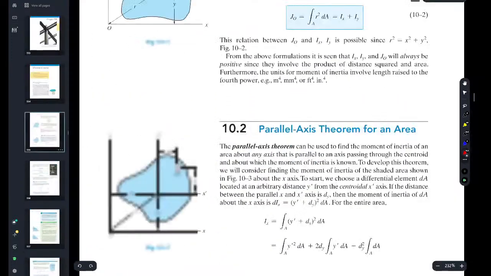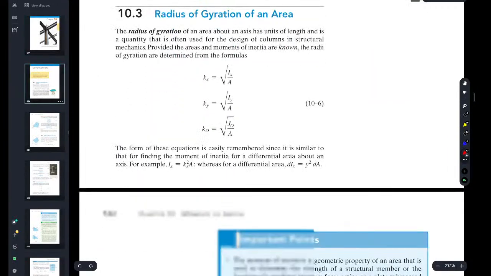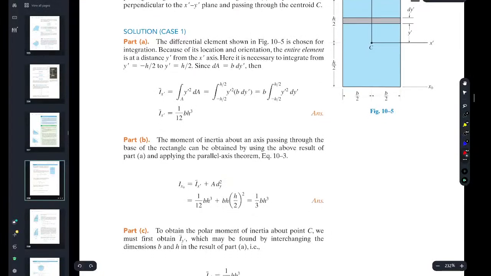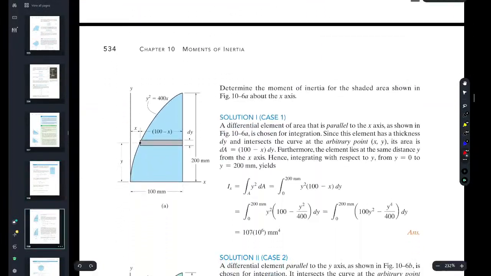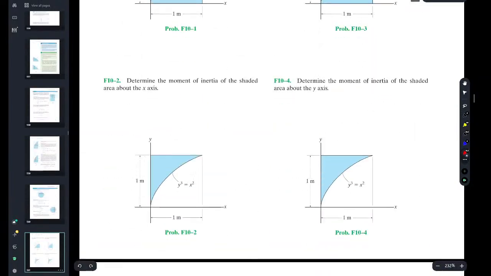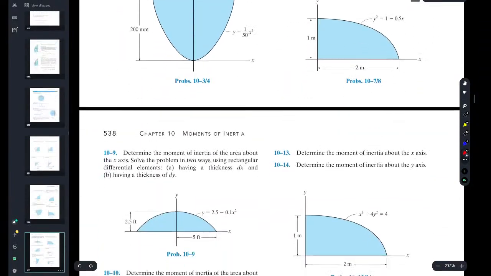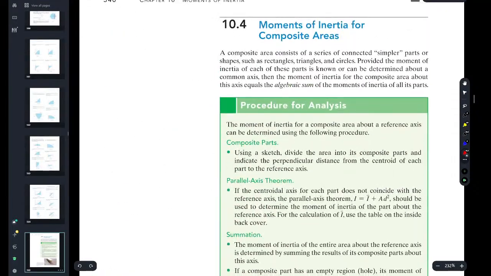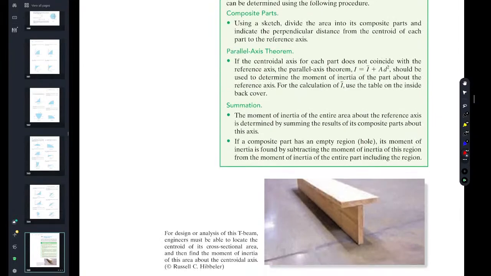Okay, after the parallel axis theorem, we move up to, and possibly, maybe it's in the next section. Okay, let's move on. Oh, he goes straight into composites. Okay.